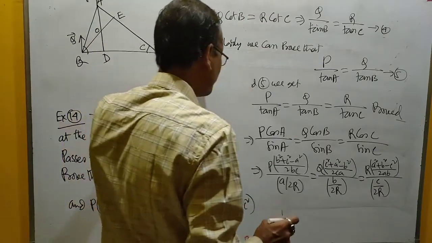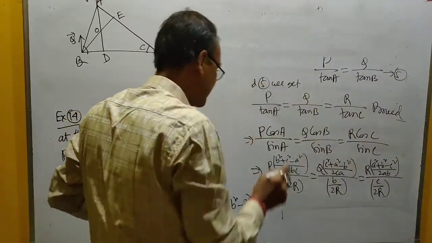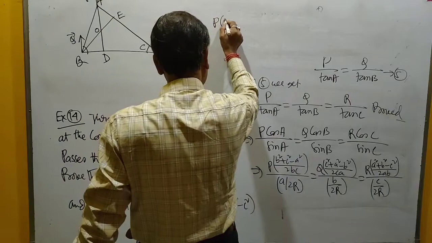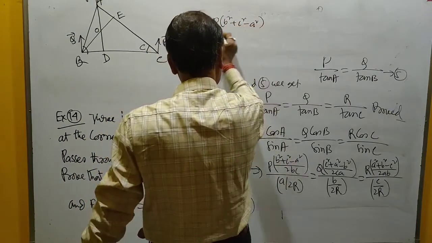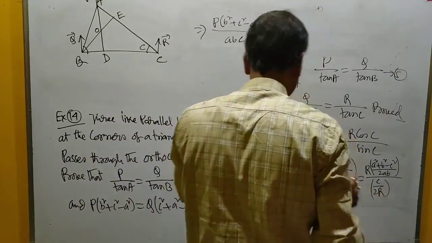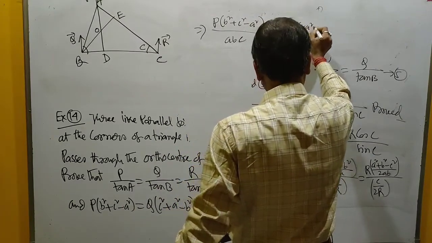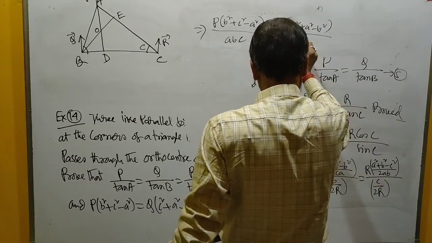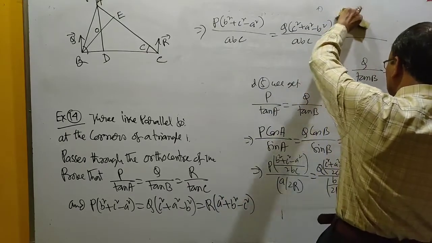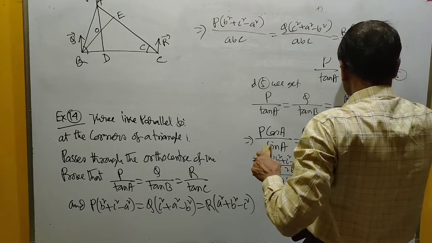Now, let me write. This means that with abc in the denominator, P into (b square plus c square minus a square) divided by abc, 2 and R will be cancelled, equals Q into (c square plus a square minus b square) divided by abc, equals R into (a square plus b square minus c square) divided by abc.